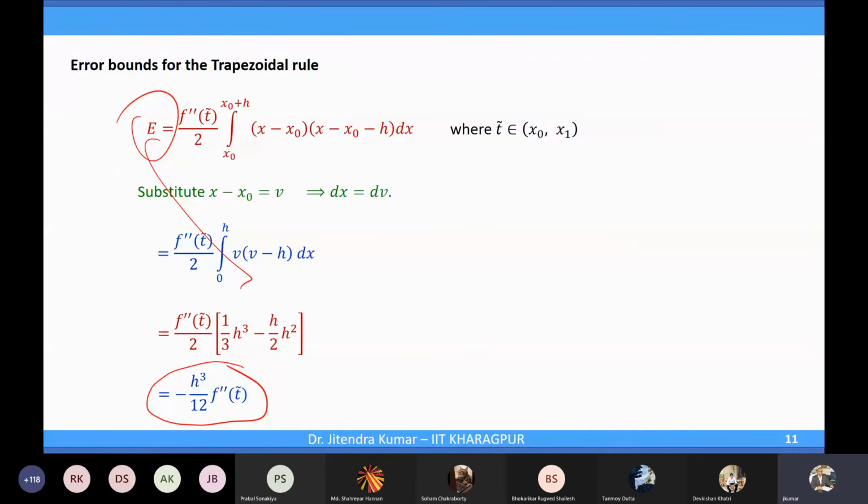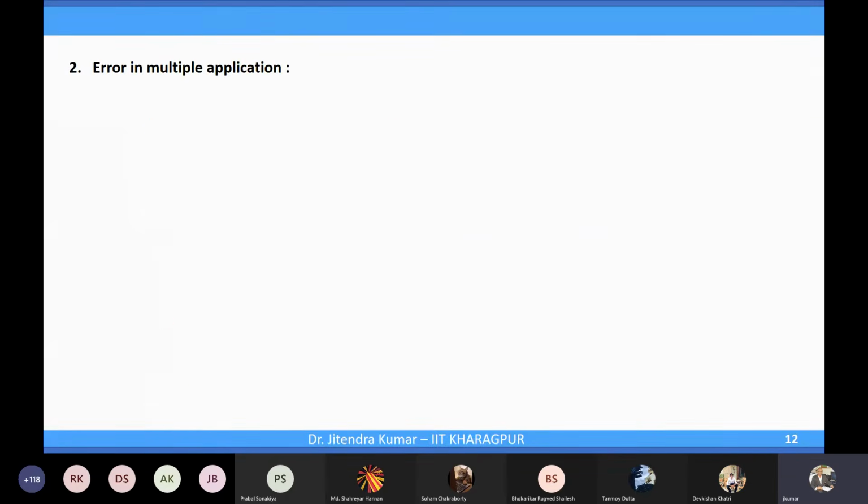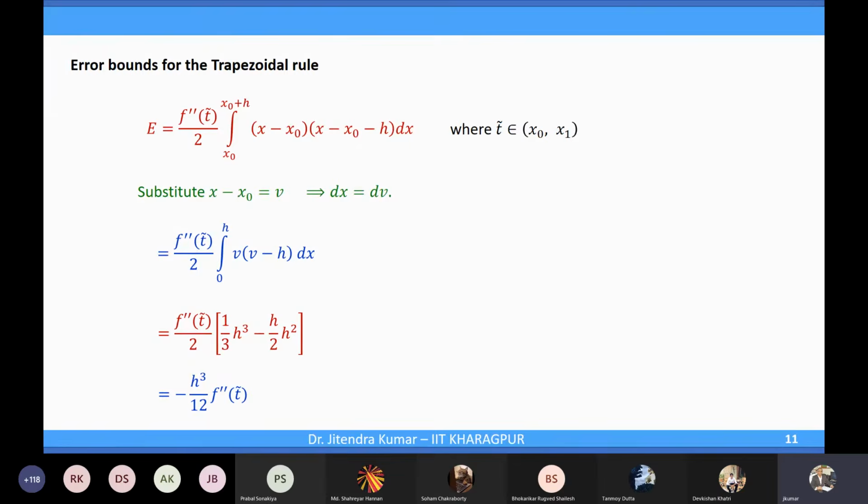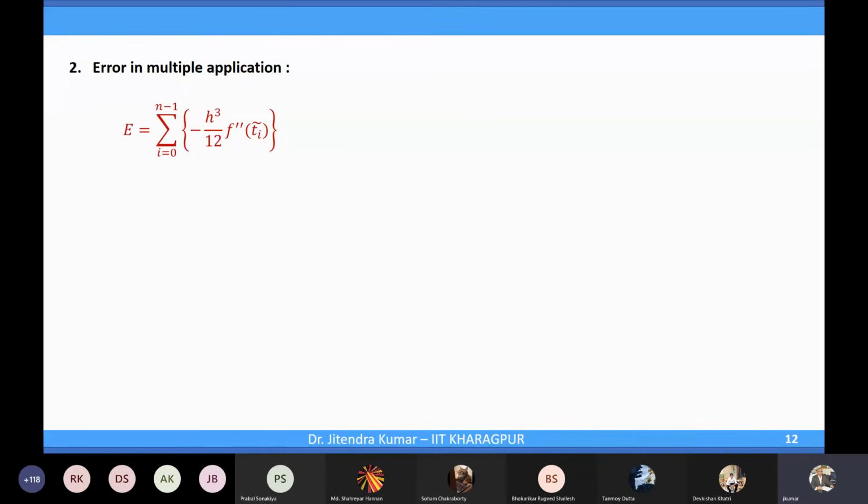Now I'm moving on. So this was a single application. When we apply it to a single integral, we get the error as h cube by 12 times f double derivative. Since in most cases we will be applying it over multiple intervals, not just a single interval, let's do that.